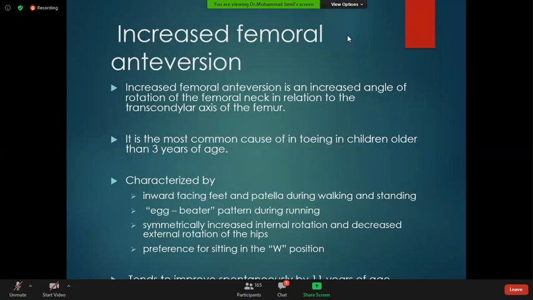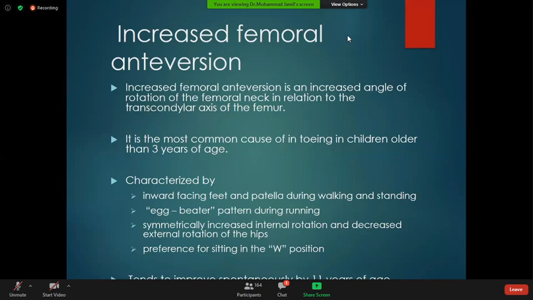Increased femoral anteversion is an increased angle of rotation of the femoral neck in relation to the transcondylar axis of the femur. It is the most common cause of in-toeing gait in children older than 3 years of age.